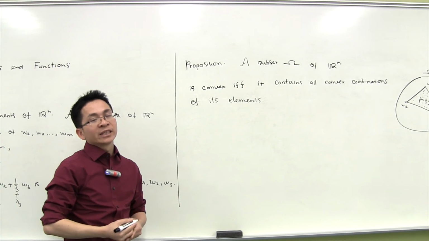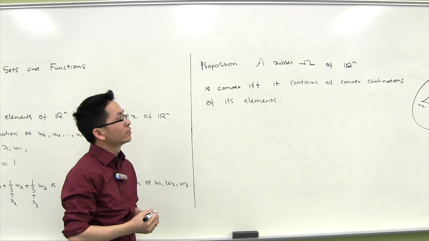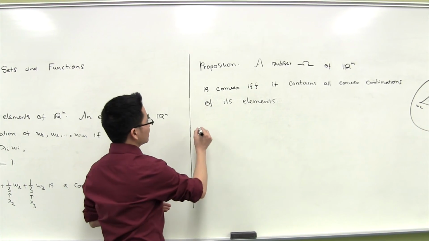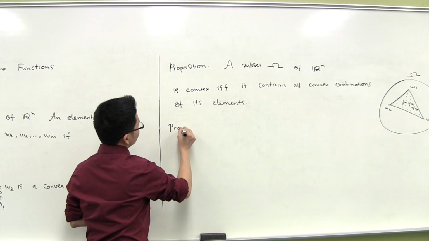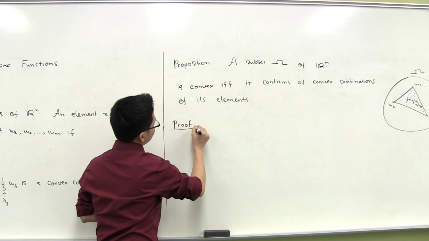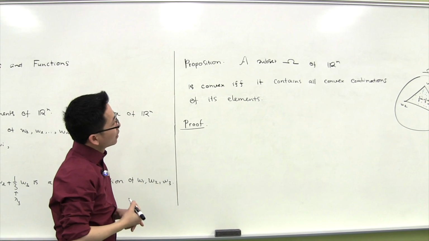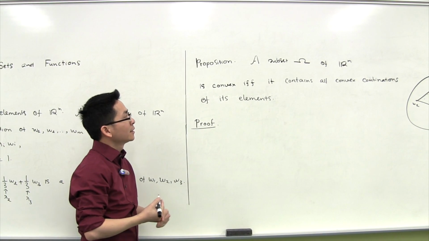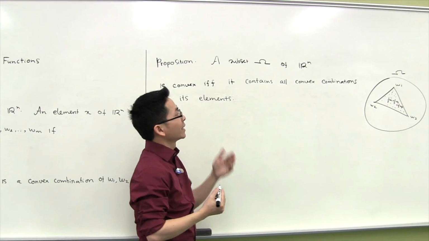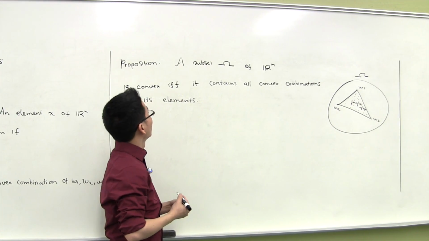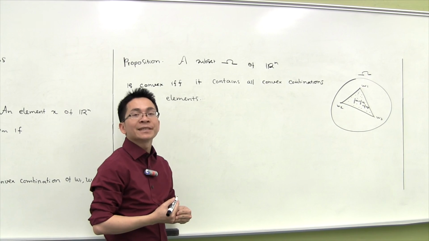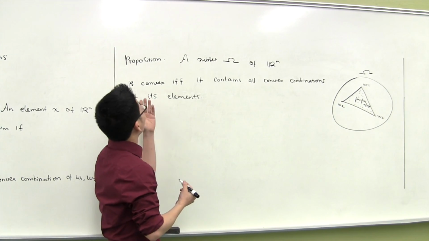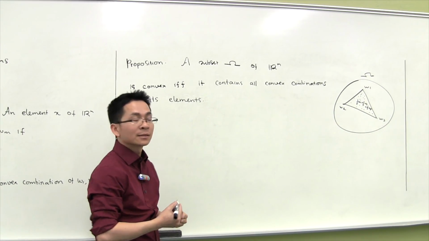Okay, let me go ahead and give the detailed proof of this proposition. In the first part of the proof, I'm going to show that if omega contains all convex combinations of its elements, then omega is convex.